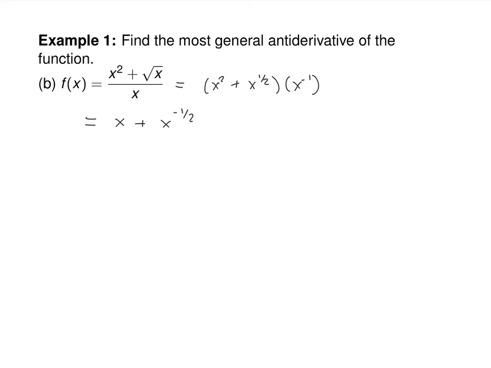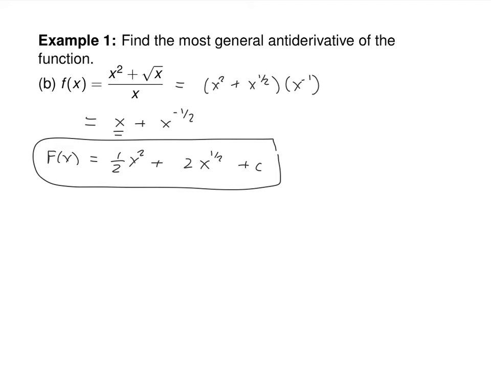For this section, the way you say antiderivative is you say, okay, capital F. And that's just the way they do it. What's the antiderivative of x? Great. What's the antiderivative of x to the negative 1/2? 2x to the half, and then plus c.